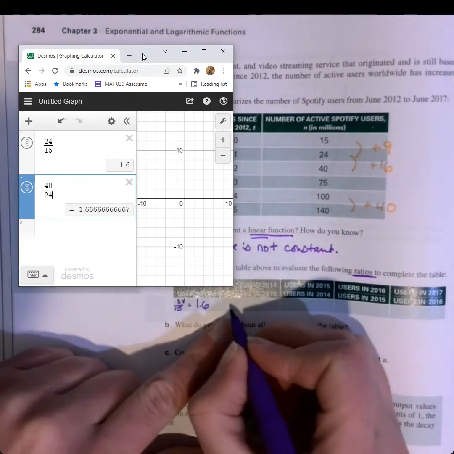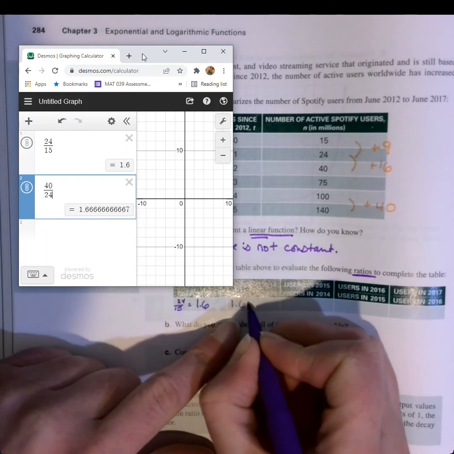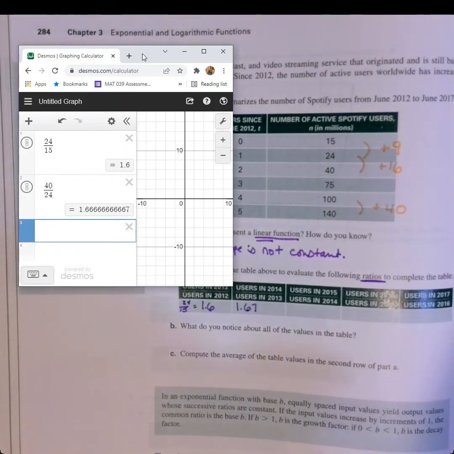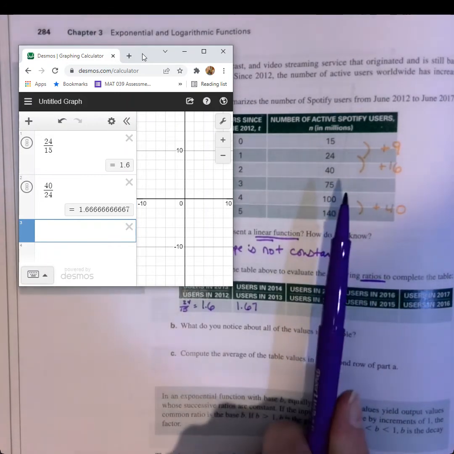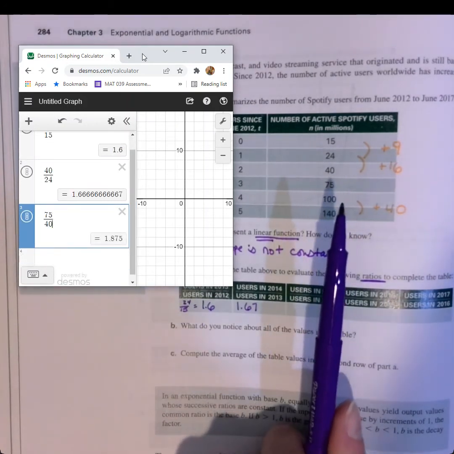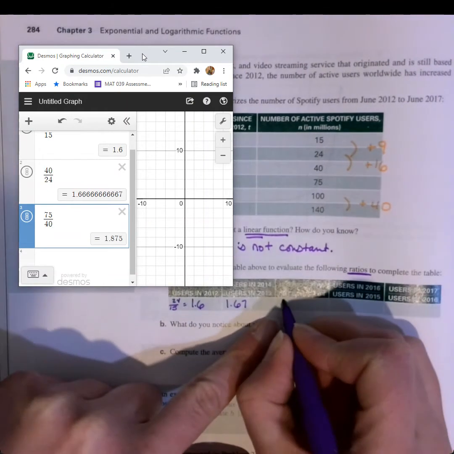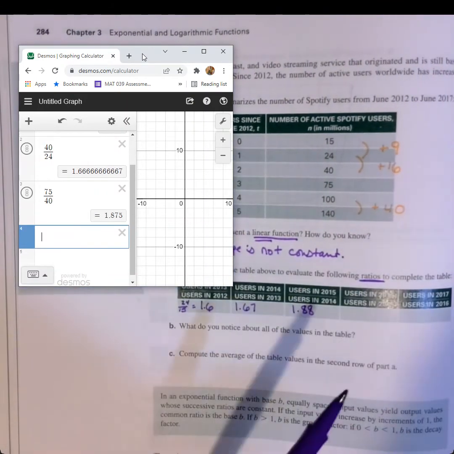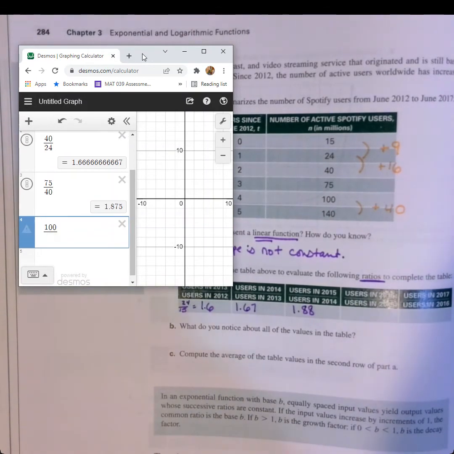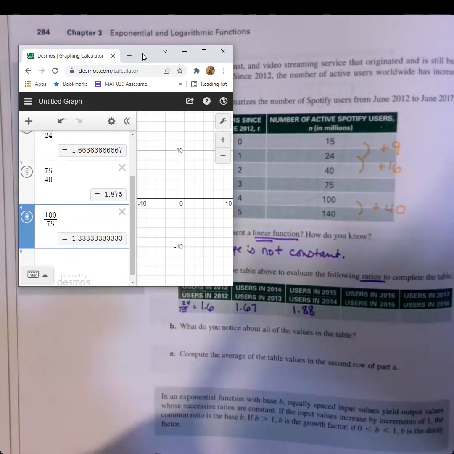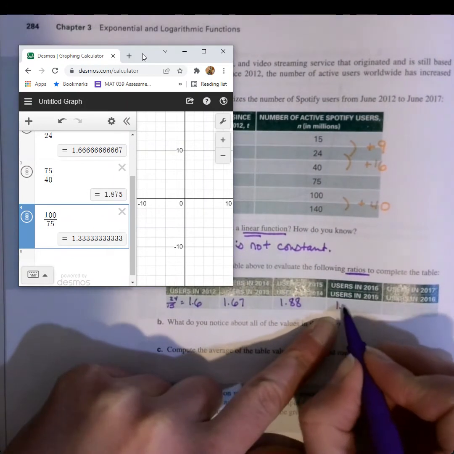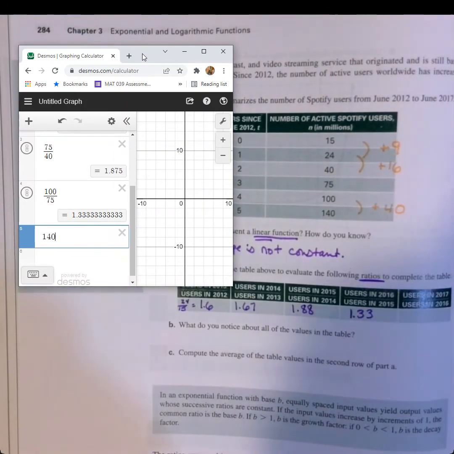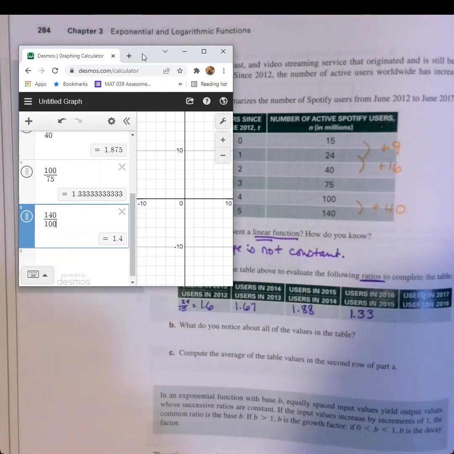So that's 1.67. The next ratio is going to be 75 divided by 40. So that's 1.88. The next ratio is going to be 100 divided by 75, so that's 1.3. And the last ratio of 140 divided by 100 is going to be 1.4.